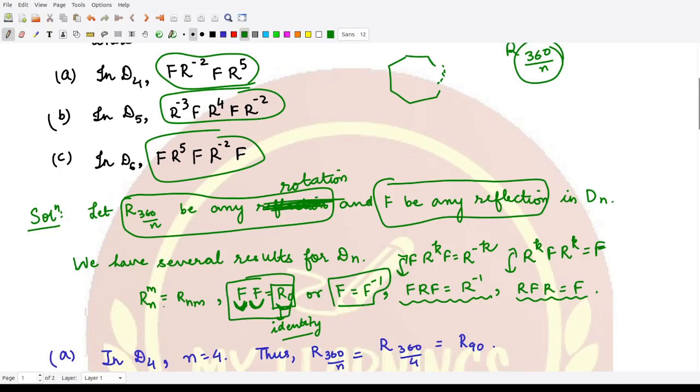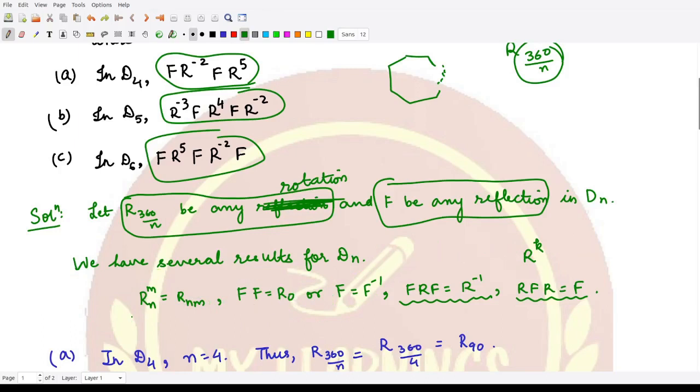And we also have this result that R subscript n superscript m could be written as R subscript nm. This is a very powerful result which we shall be using here. You can verify this result geometrically. You know about the group D3 or the group D4, and you can easily verify it for these by looking at all the rotations. Is it always true? That is another exercise. As of now, let's proceed towards our question here.